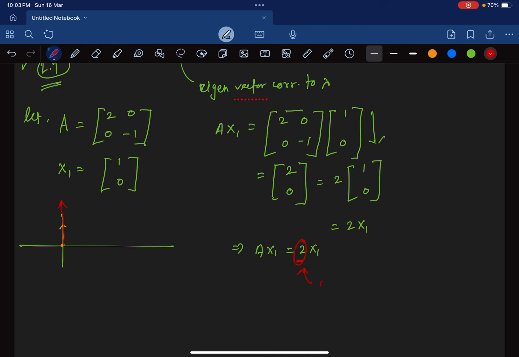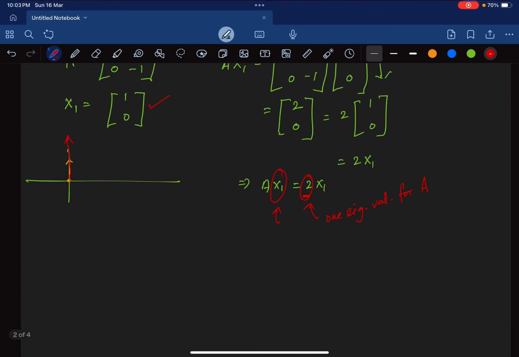So here 2 is one eigenvalue for the matrix A, and this x1 is called the corresponding eigenvector for lambda equals 2.